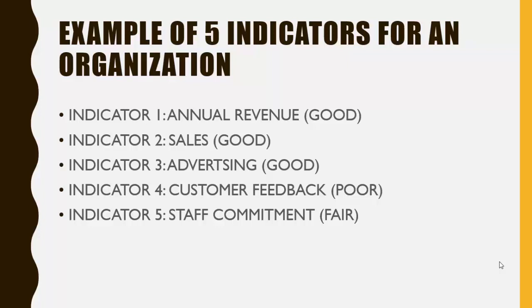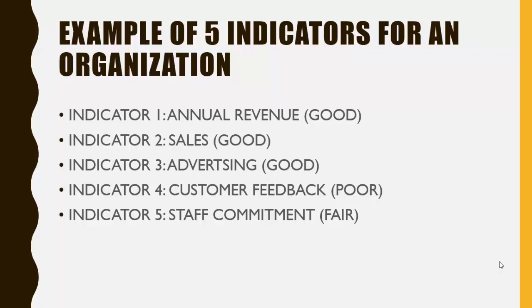The more advertising, the better the sales. If you look at customer feedback, you can already see why it is poor. It is poor simply because staff commitment to work is poor. So already, management can spot where the deficiencies are in the organization and take corrective action to address those challenges.